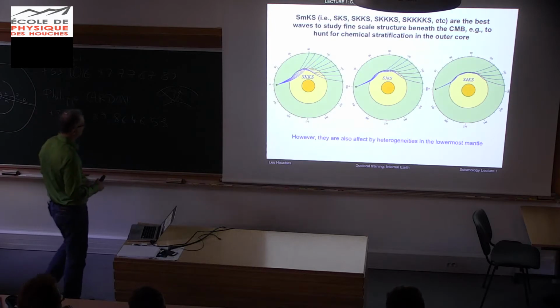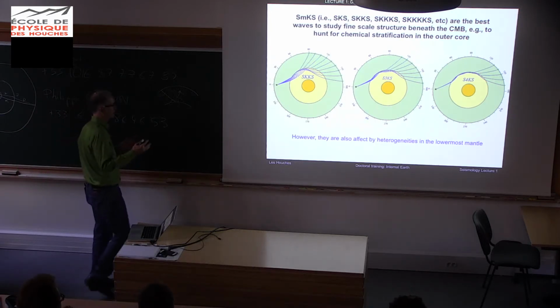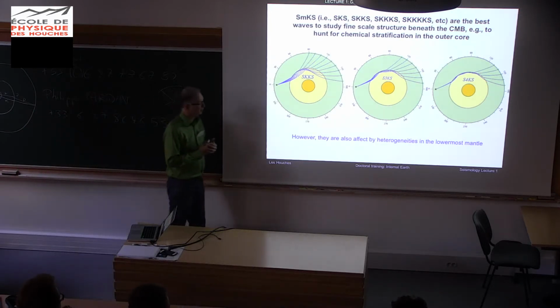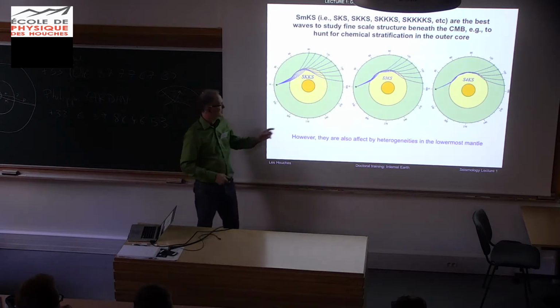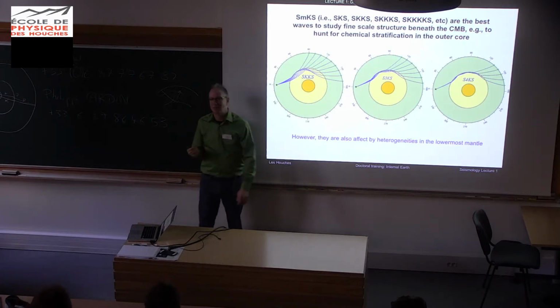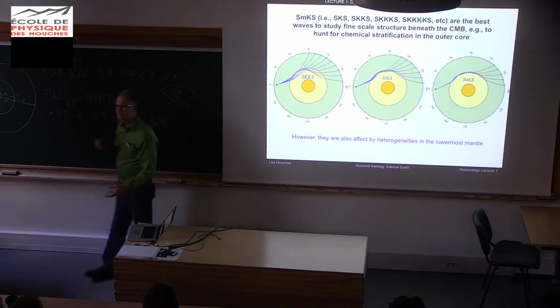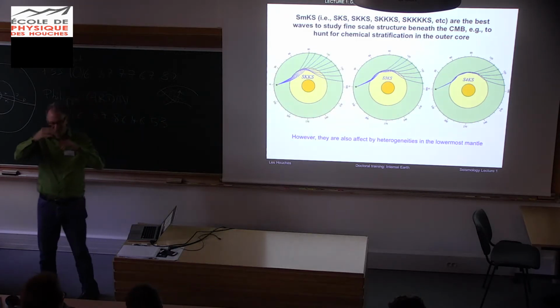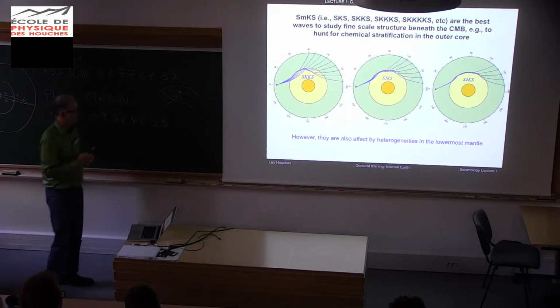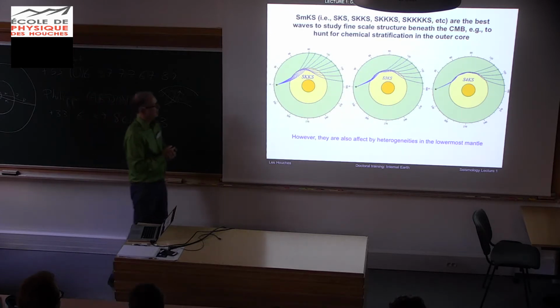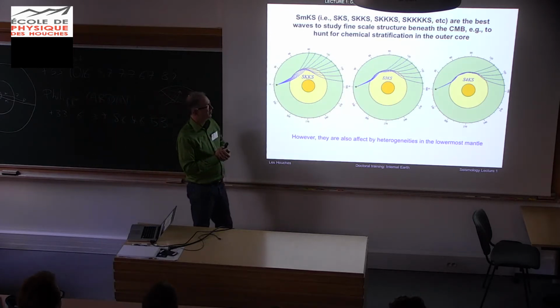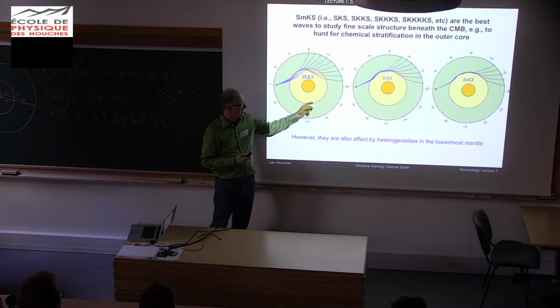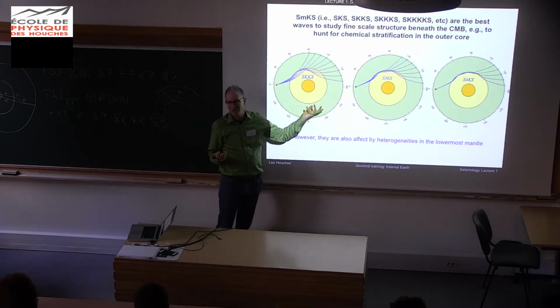Now, one topic that's been kind of resurrected of interest in the community for various reasons is what's going on right beneath the core mantle boundary, right? Is there chemical stratification? Is there some diffusion from the mantle to the core? This sort of stuff. So, if you want to look at that, a wave that spends a lot of its life right there is what you should study.